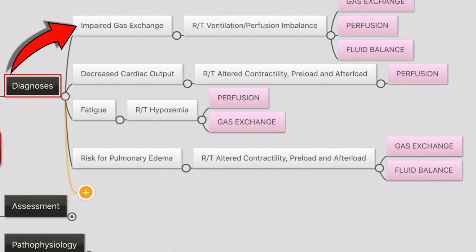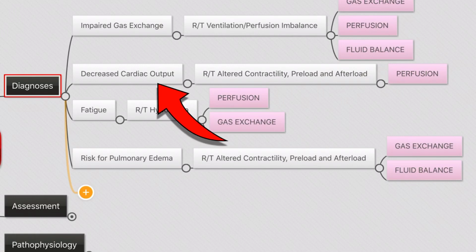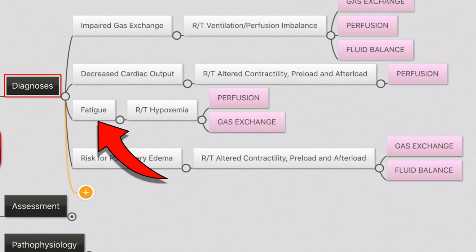And what causes impaired gas exchange is usually due to fluid balance, too much fluid in the lungs, pleural effusion, or pulmonary edema. Then the next diagnosis will be decrease in cardiac output related to altered contractility, preload, and afterload. Now, if you have decrease in cardiac output, obviously you have a problem with perfusion. Fatigue is another one of them.